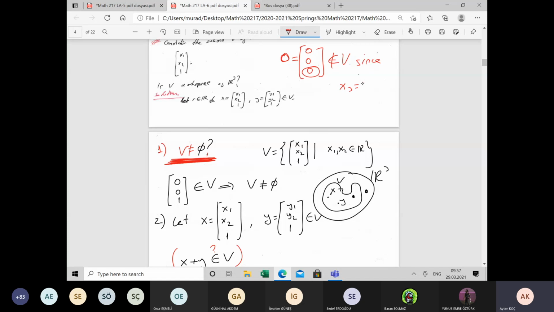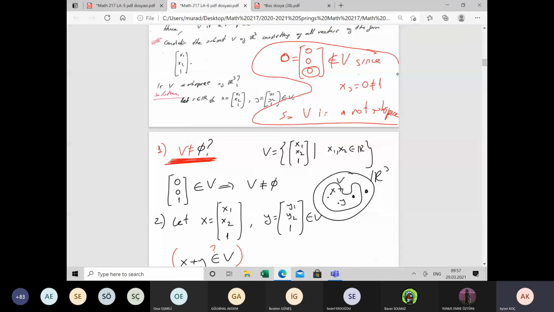Since V is a subspace only if 0 is in V, but 0 is not in V, V is not a subspace. It is enough to say that.